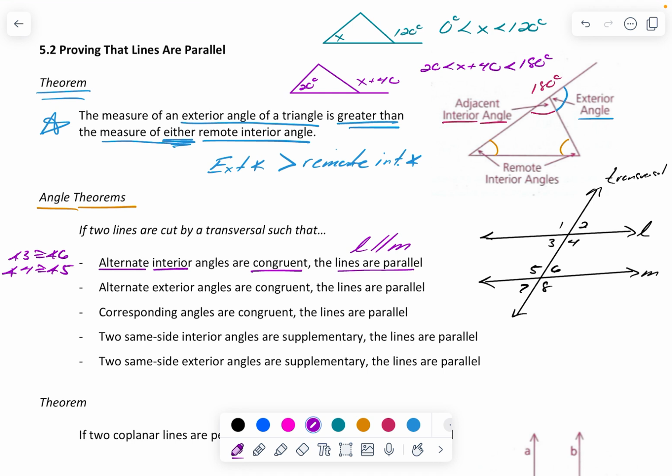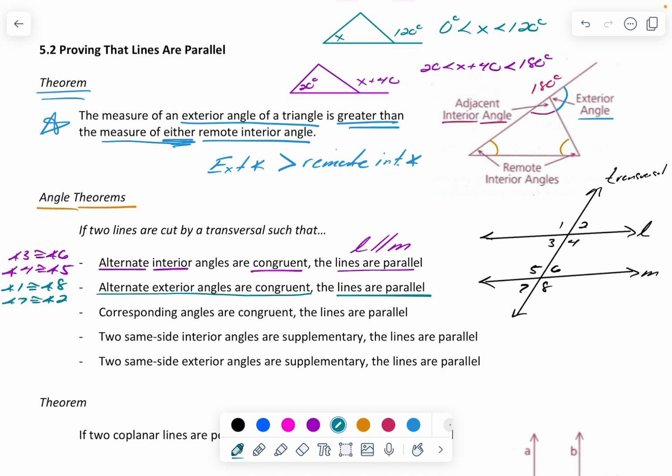If we have that, then the lines are parallel. Alternate exterior angles congruent. So alternate exterior, remember, would be like angle 1 congruent to angle 8, or angle 7 congruent to angle 2. If we have that, then the lines are parallel.